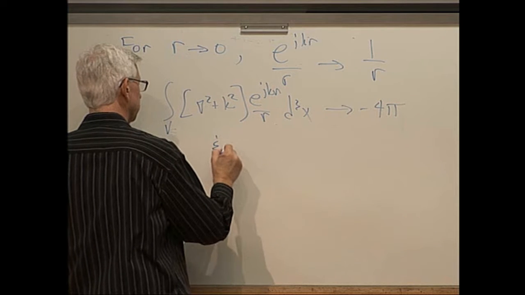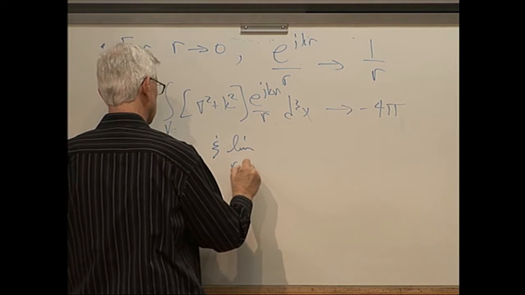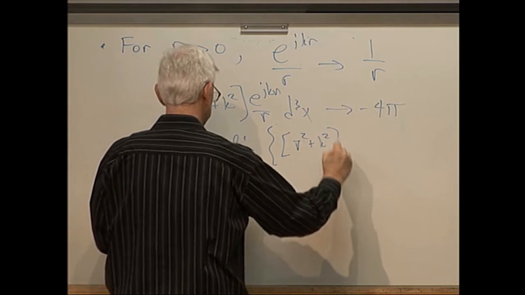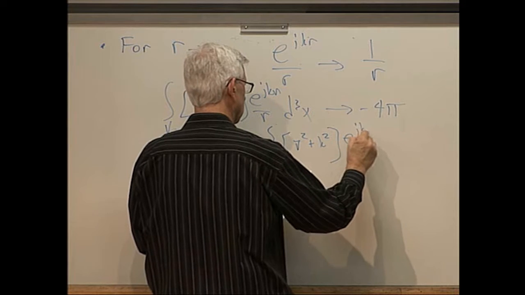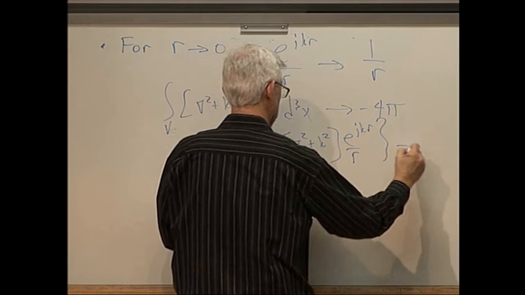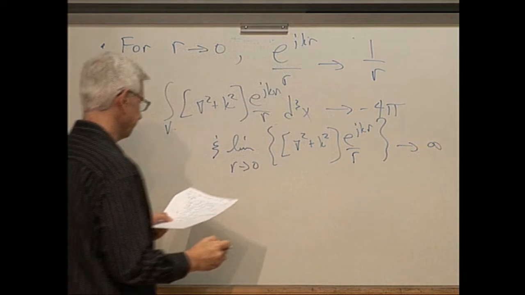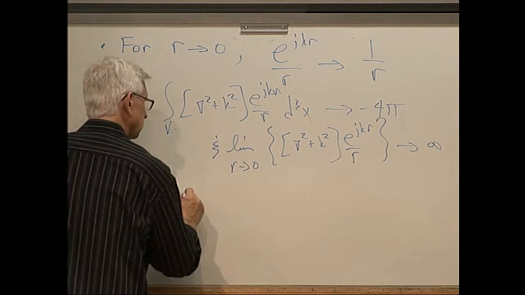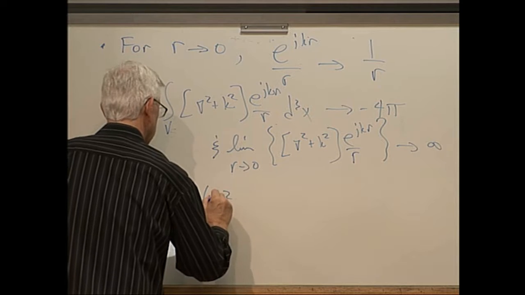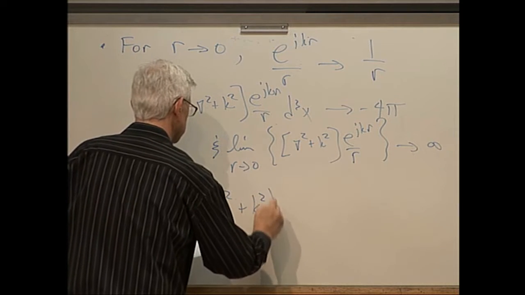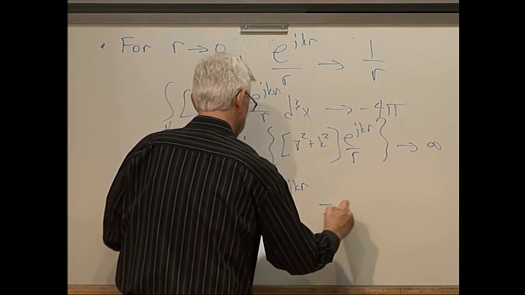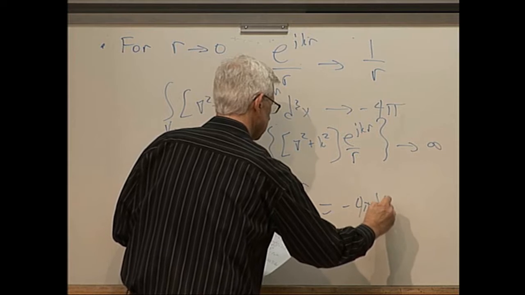And the limit as r goes to 0 of del squared plus k squared of e to the jkr over r goes to infinity. So what we've shown is that the differential operator consisting of the Laplacian plus the wave number operating on e to the jkr over r is equal to minus 4 pi delta of r.